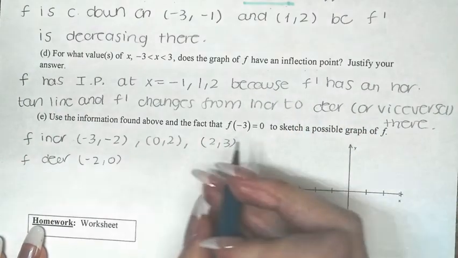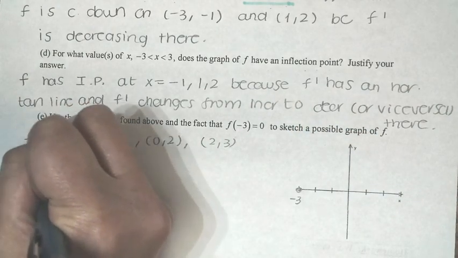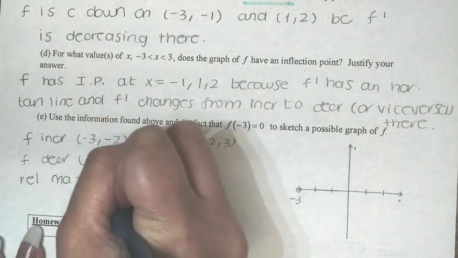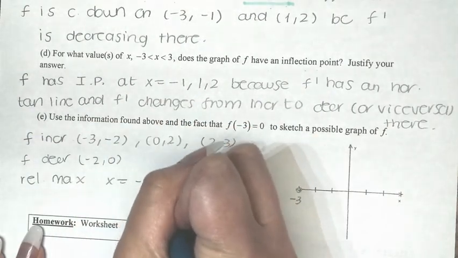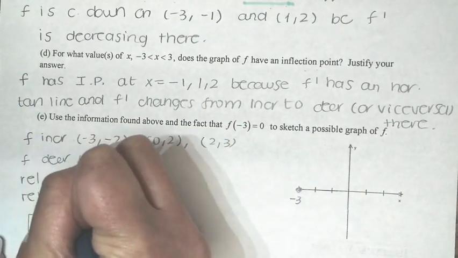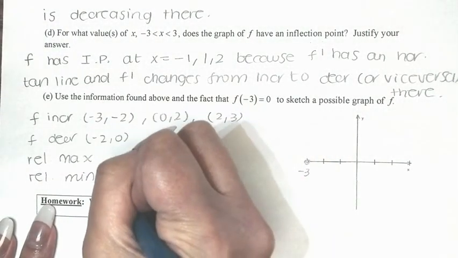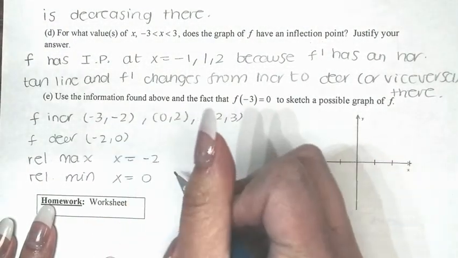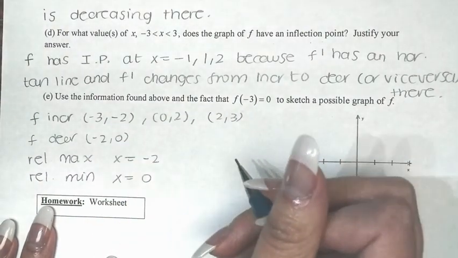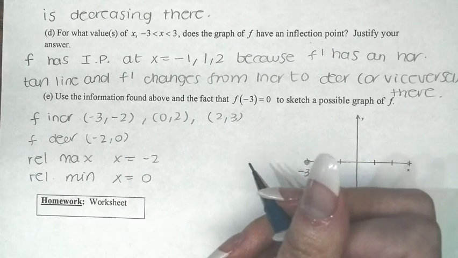What else? I have a relative max. We talked about the relative max at x equals -2. We knew that we have a relative min, and that relative min happens at x equals 0. What else? The concavity, we know a lot about the concavity.